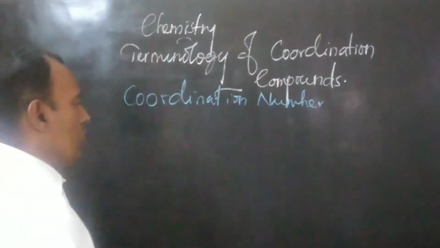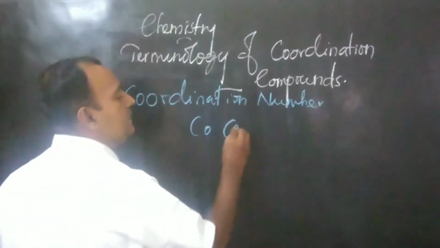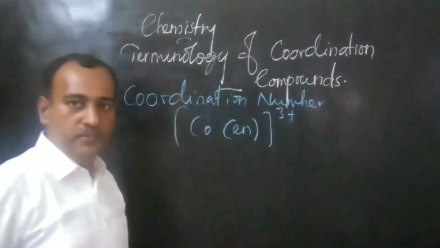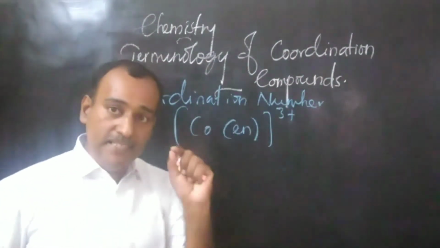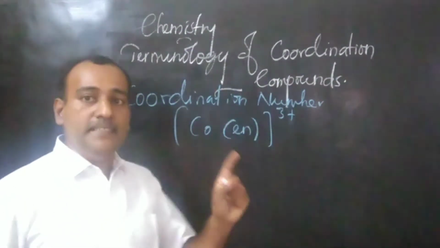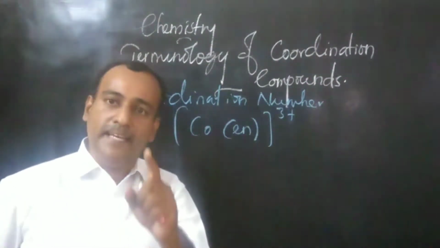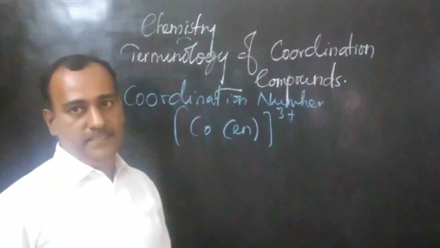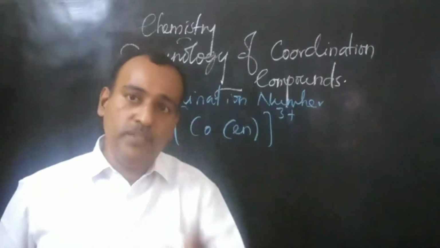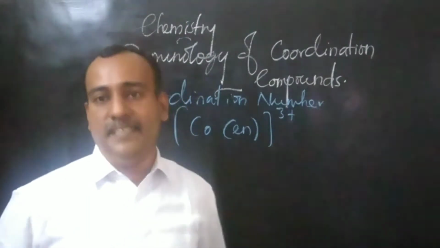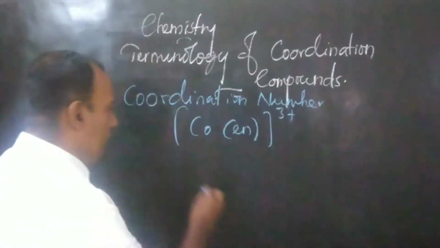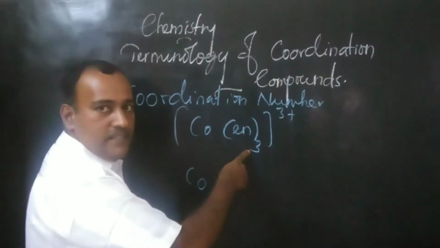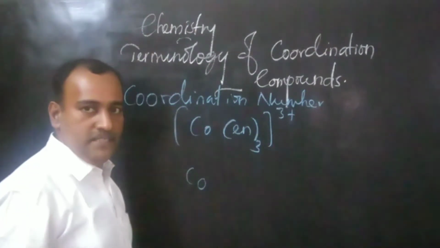Let us consider this complex [Co(en)3]3+. Do you know what is meant by en? en means ethylene diamine or ethane-1,2-diamine. It is a neutral ligand. Ethane-1,2-diamine is a didentate ligand. So in [Co(en)3], 3 ligands are present.